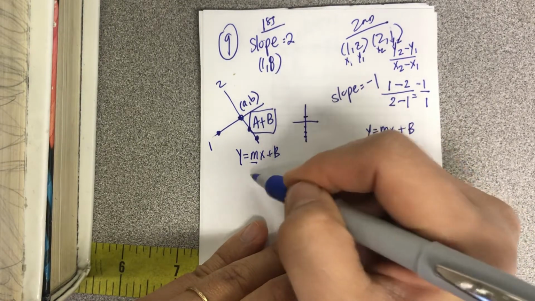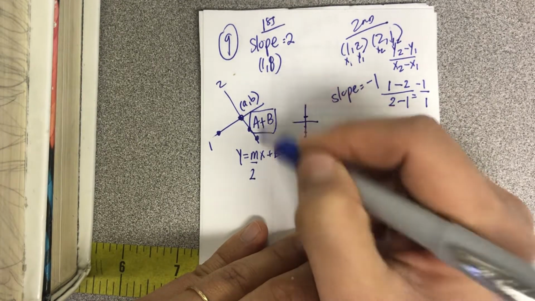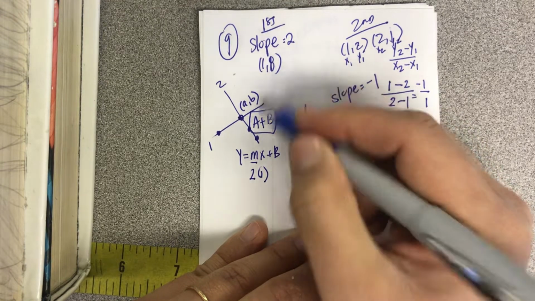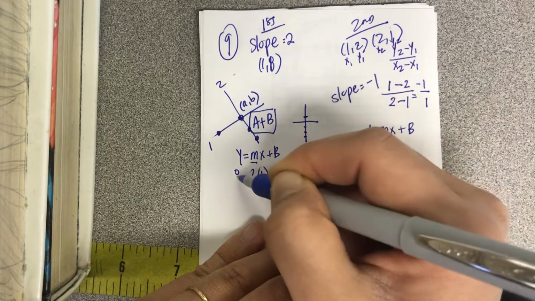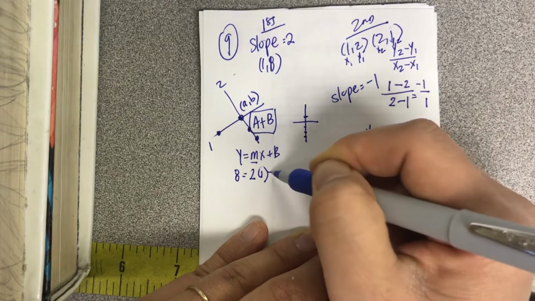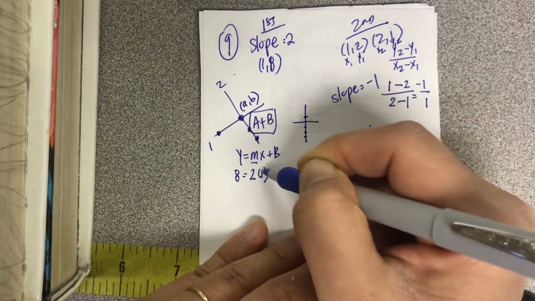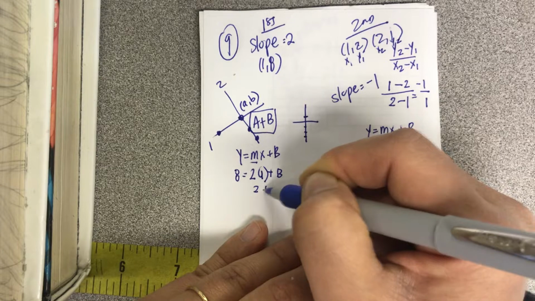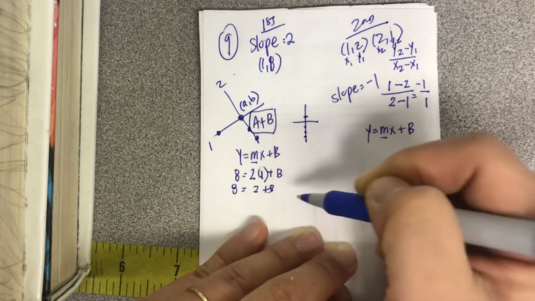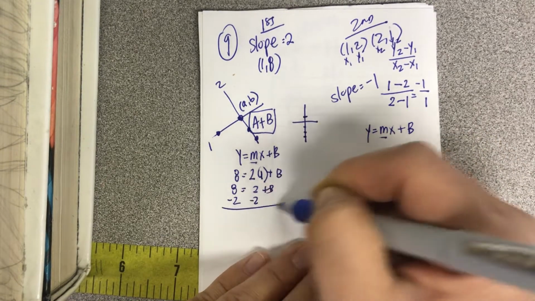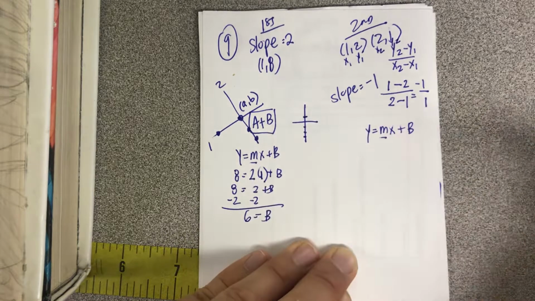So on this one, our slope is 2, our x is 1 and our y is 8. What will our y-intercept be? It's 2 plus b equals 8, so minus 2 on both sides, b is going to equal 6.